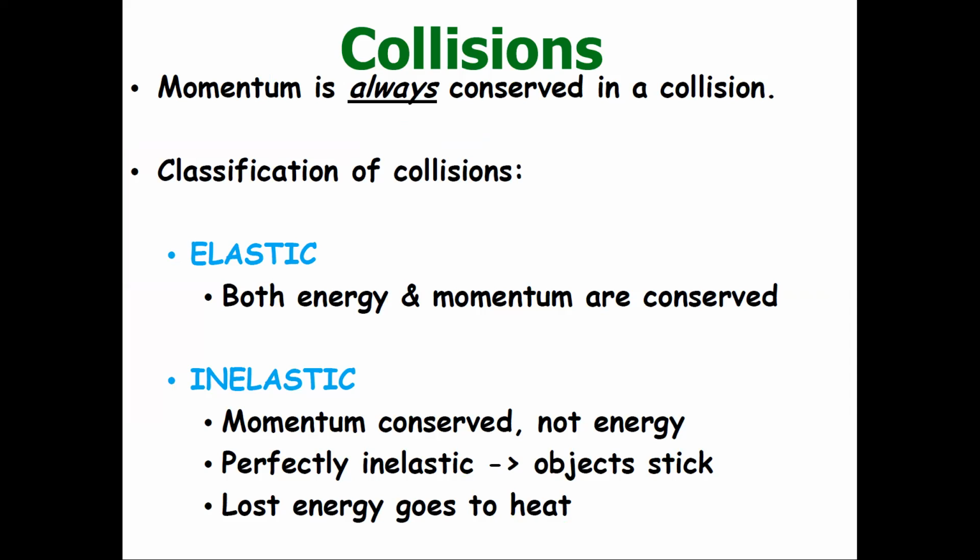Whether two bodies collide and then move in separate directions, or they collide and then move in the same direction, this doesn't matter. Momentum is always conserved. There is what is called the classification of collisions. We have what is called elastic. In elastic collisions, both energy and momentum are conserved.